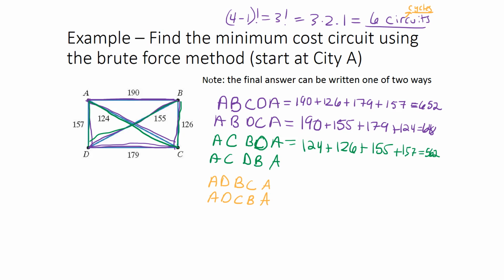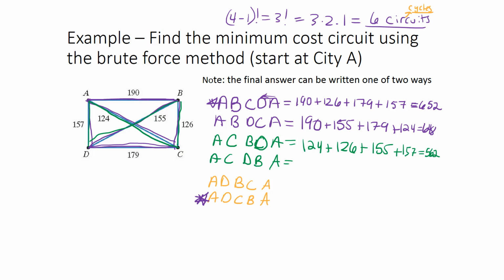Now, as I mentioned, some of them will be the same circuit but going backwards. If you look at this first circuit, ABCDA, and you read it backwards, it's ADCBA, it's this one.